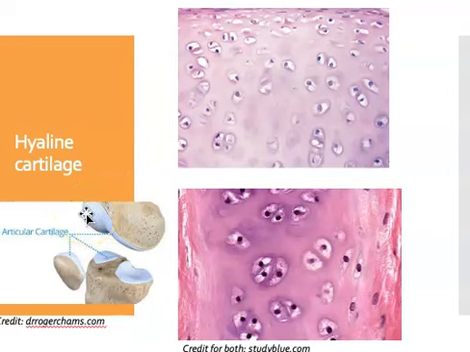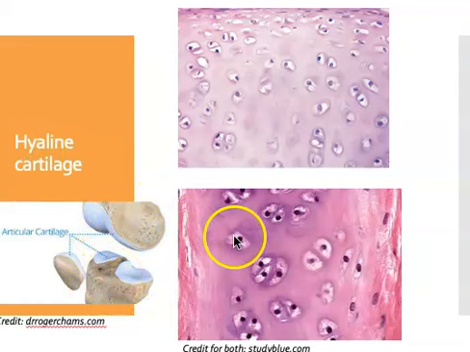You can also see cartilage on the surface of the patella or the kneecap. This articular cartilage is a critical component of the joint. It's going to help these bones glide smoothly past one another, and it's also going to provide some cushioning to the joint.